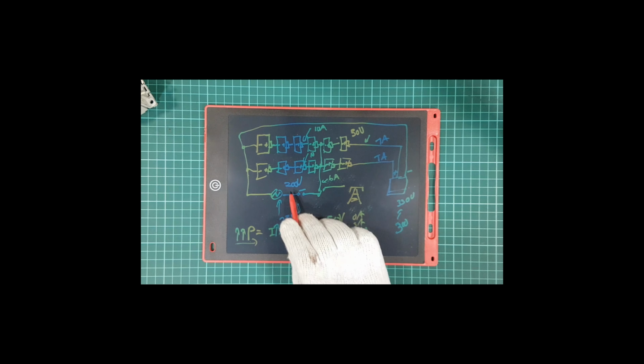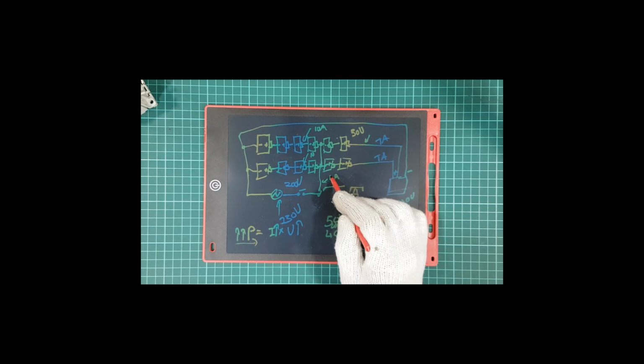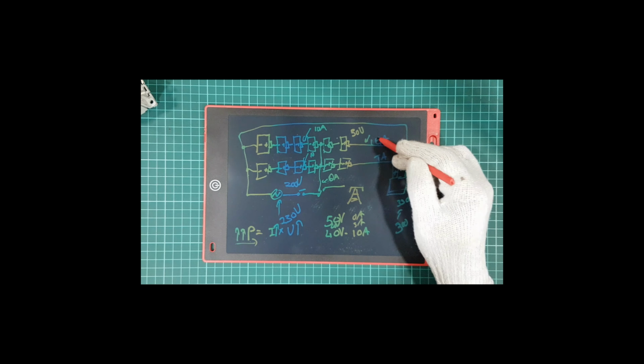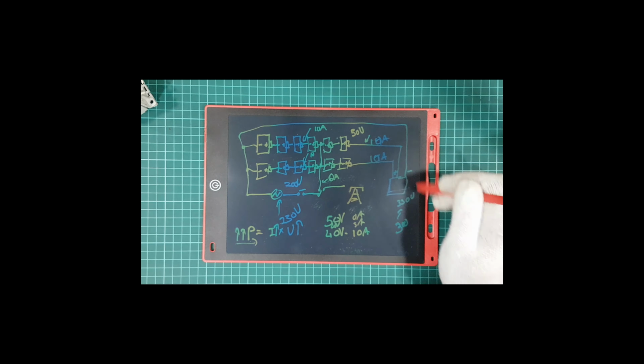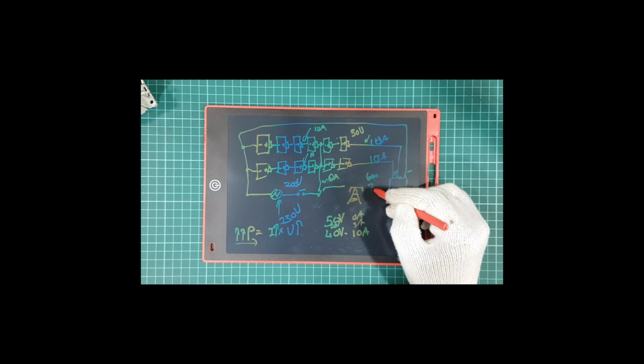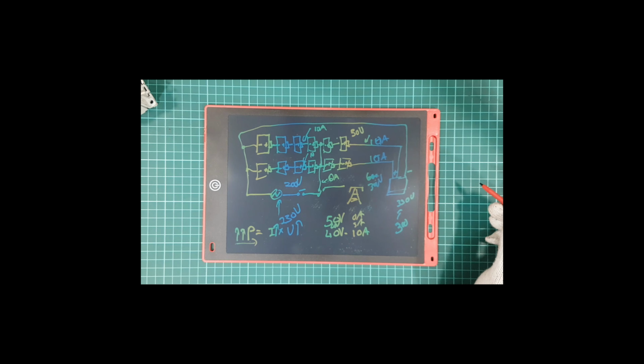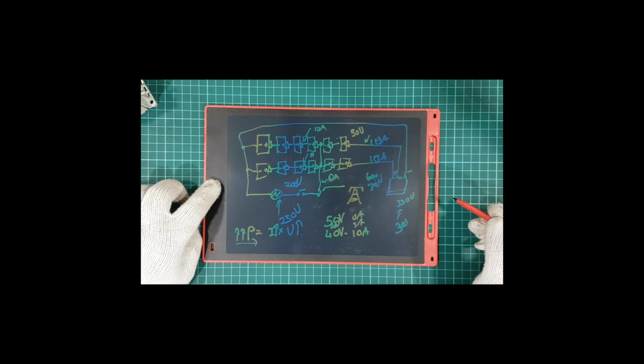And of course, once the geyser reaches temperature, it will switch off. This will become 0, and then we'll have the full 10 amps available to power the house at 300 volts. And that is the theory behind the circuit.